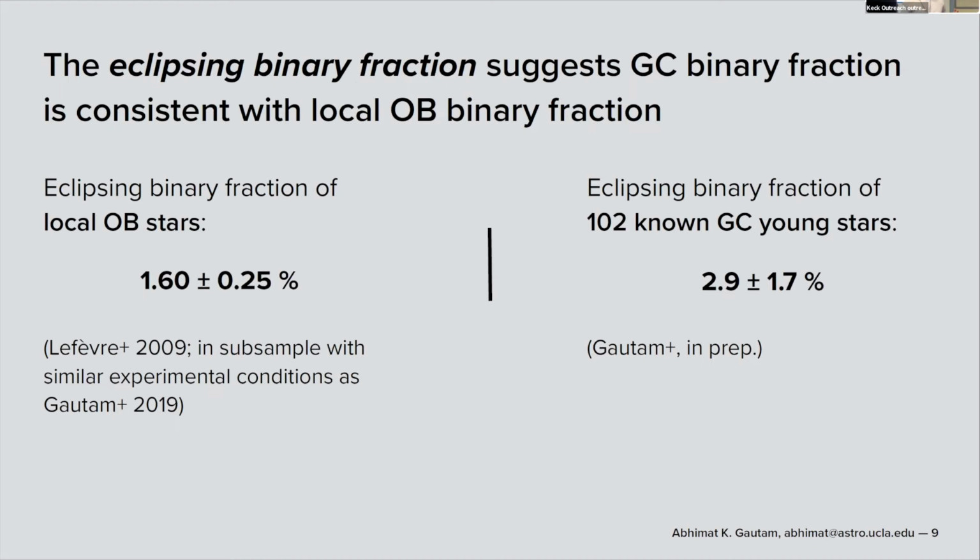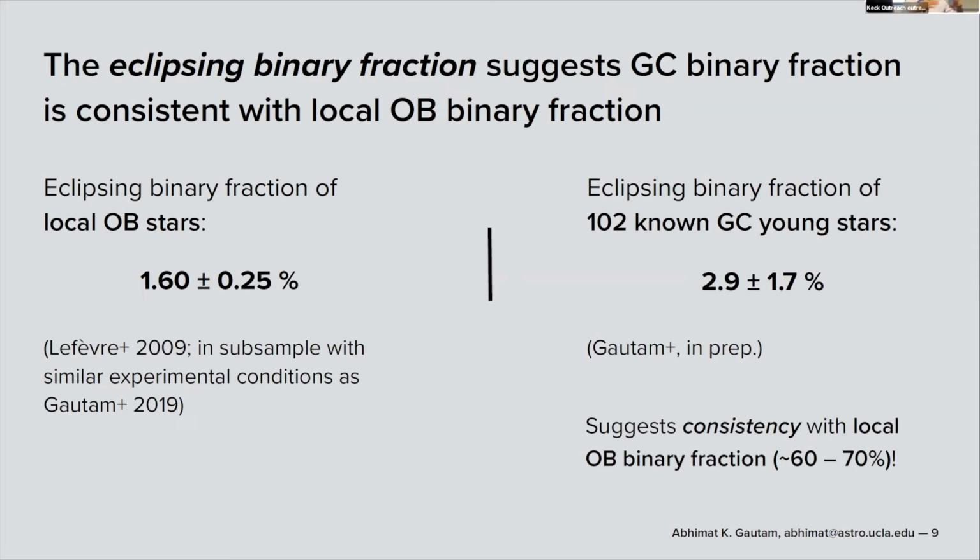And for the known GC young stars, we get 2.9 plus or minus 1.7%. That would suggest that the underlying binary fraction is consistent with the local OB binary fraction, which is about 60 to 70% in the local solar neighborhood.